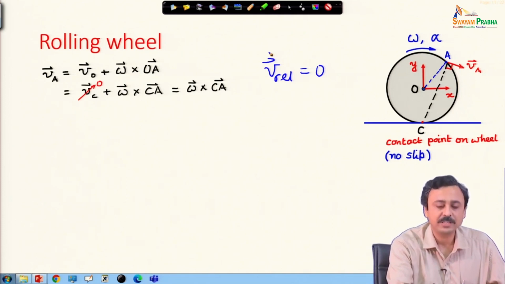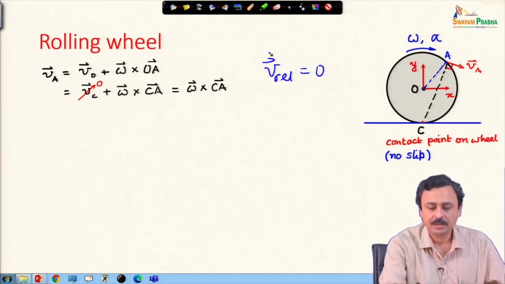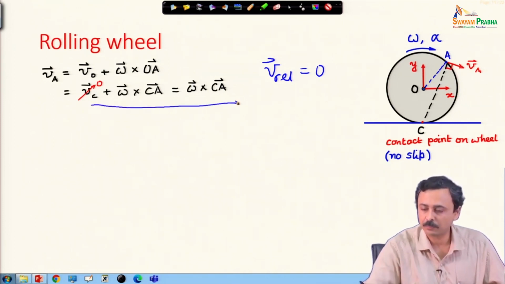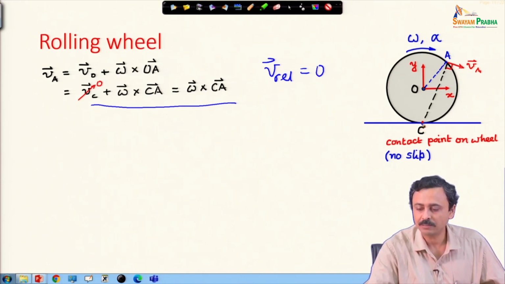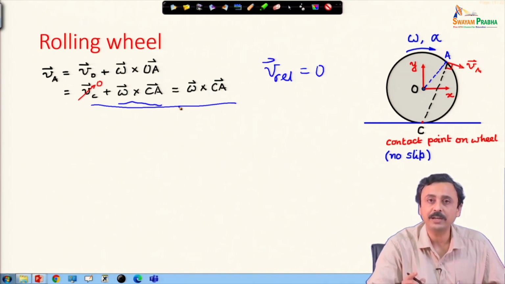Therefore, I can express the velocity of A in two ways, in terms of the velocity of O and in terms of the velocity of C. Both ways I will get the same result, but the second expression gives a good geometric picture. Because the velocity of C is 0, it is in contact with the ground. If you join CA, then the velocity of A is omega cross CA, which means it is perpendicular to CA.